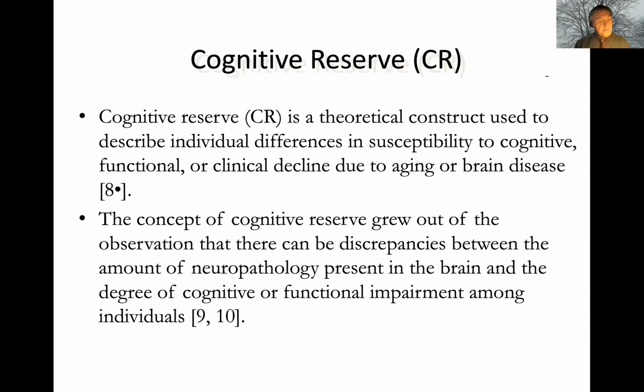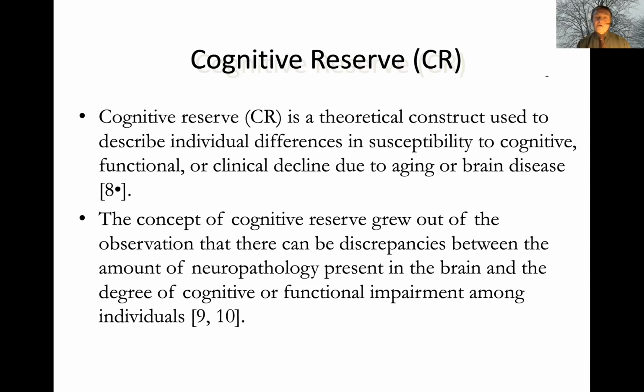So what we're endeavoring to do in our research program is to predict the development of cognitive impairment using a systems dynamics computer simulation model. And perhaps more importantly, to predict what people can do to delay the onset of cognitive impairment or even potentially to reverse it.